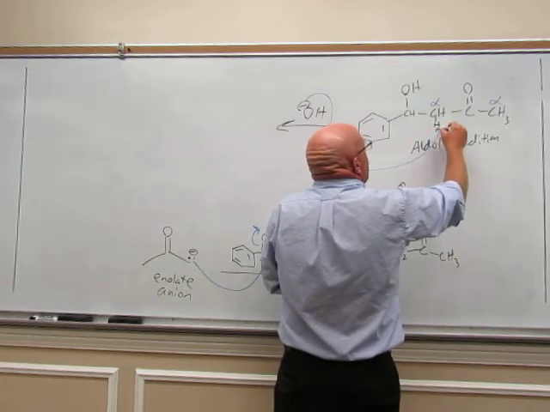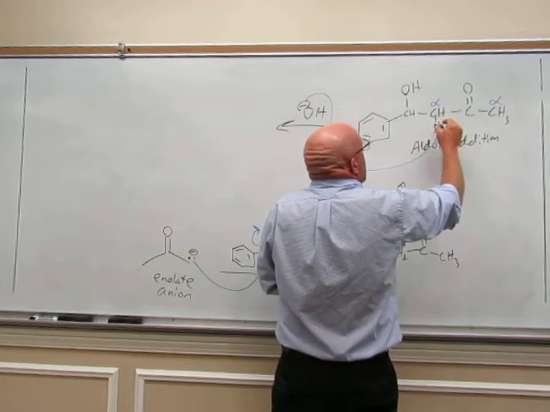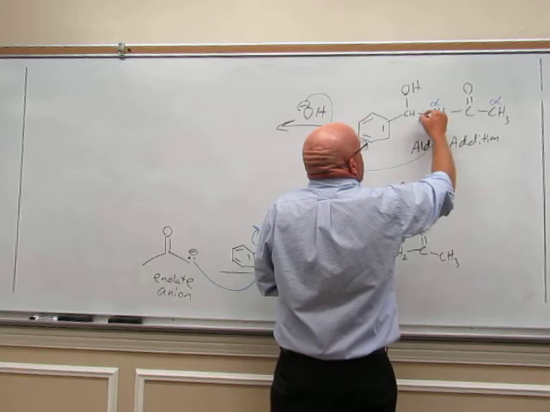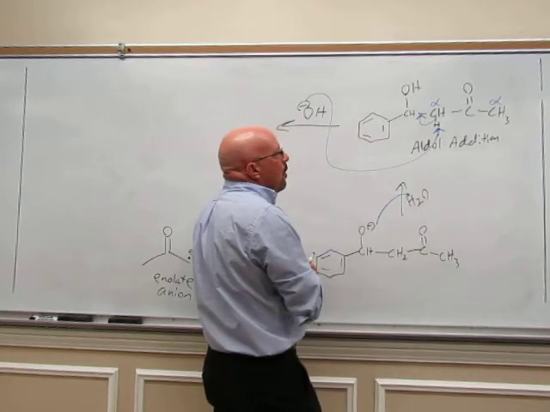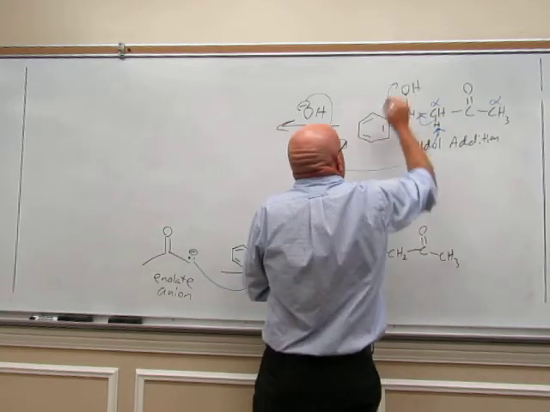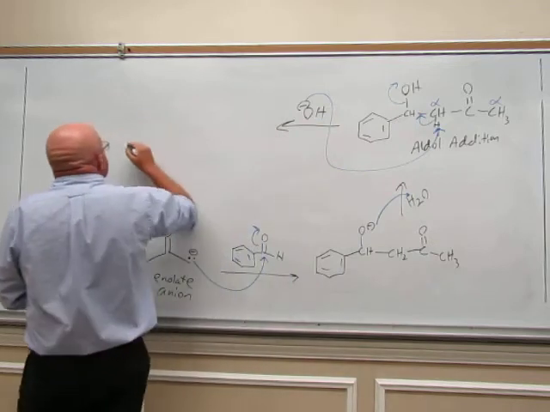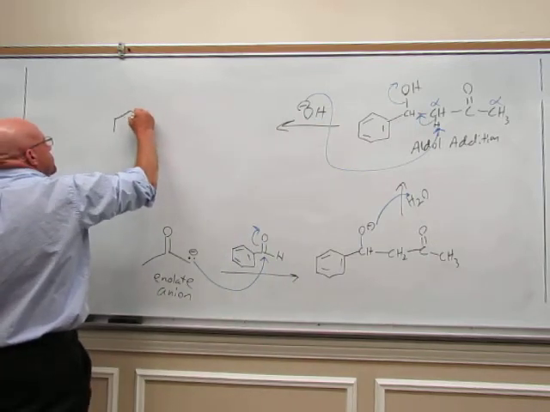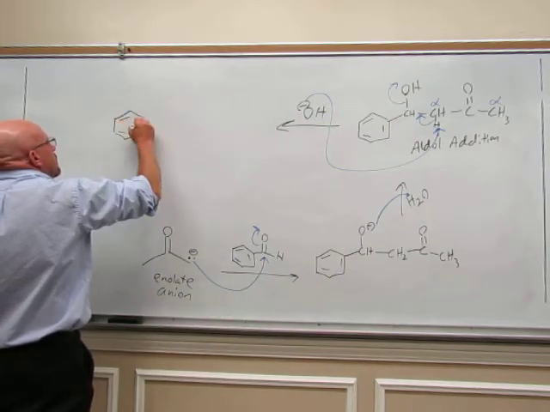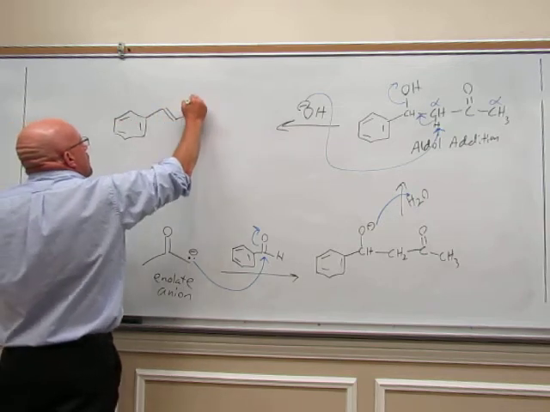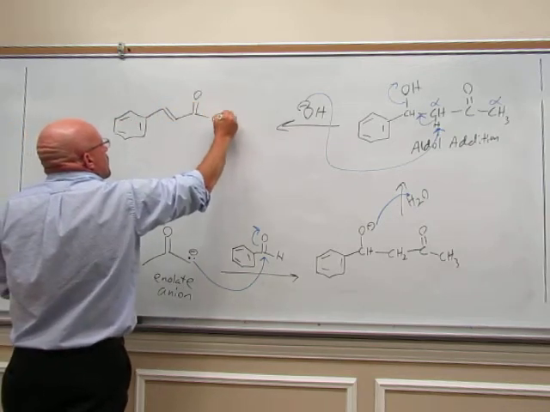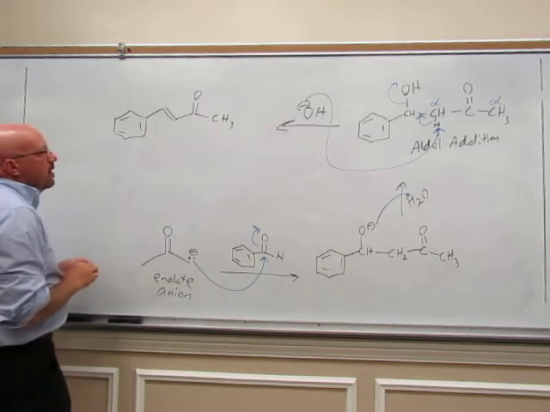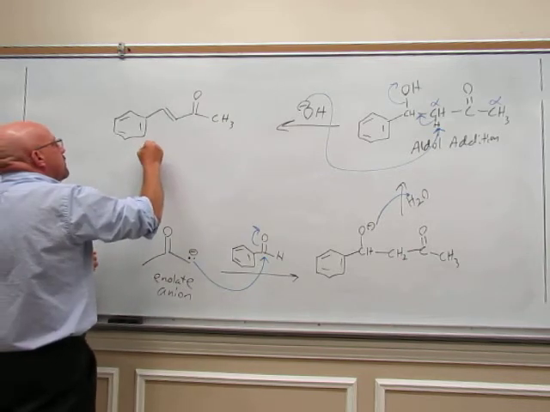The electrons in the carbon-hydrogen bond are going to kick toward the OH to form the double bond and kick the OH group off. Now there is our aldol condensation product.